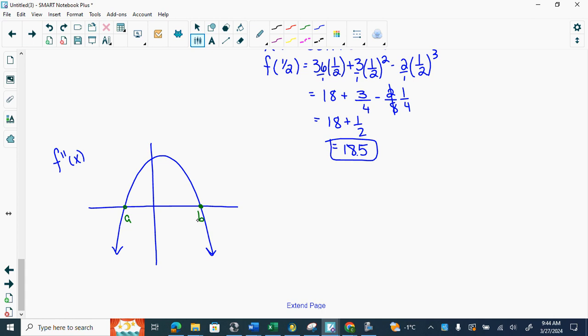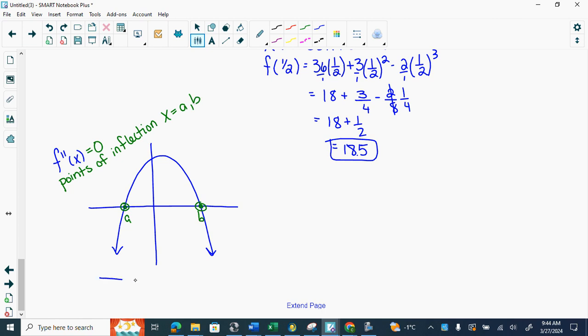Points of inflection. Because they are where f double prime of x equals 0, we get points of inflection. So in this case, they would be at x equals A and B.